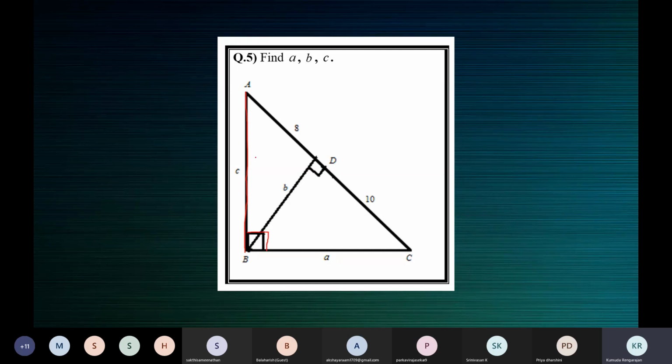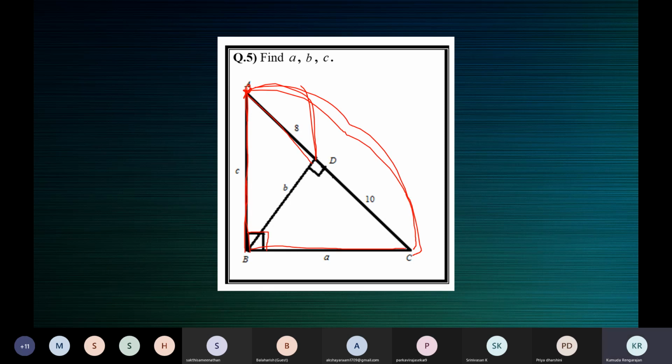Here it's 90 degrees, leave that. AB square will be equal to AD into AC.